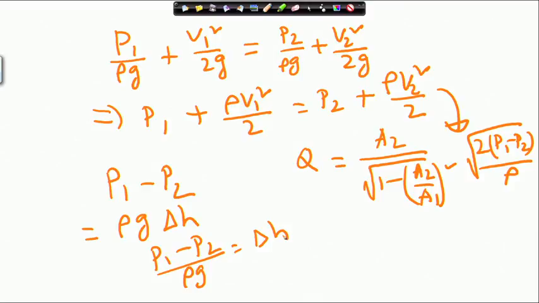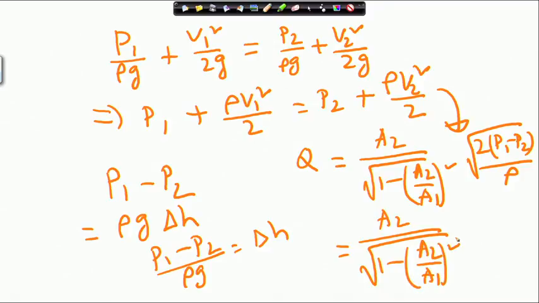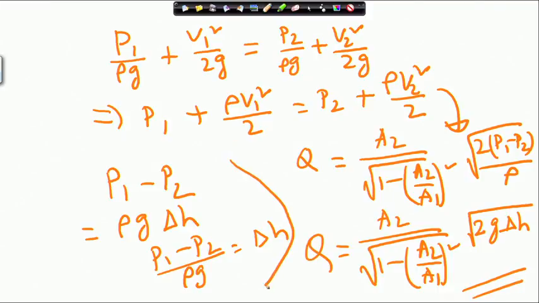So, this equation then can be written as A2 by square root of 1 minus A2 by A1 whole square into square root of 2 g H. P1 minus P2 by rho is g times delta H. So, this is the equation I can get.